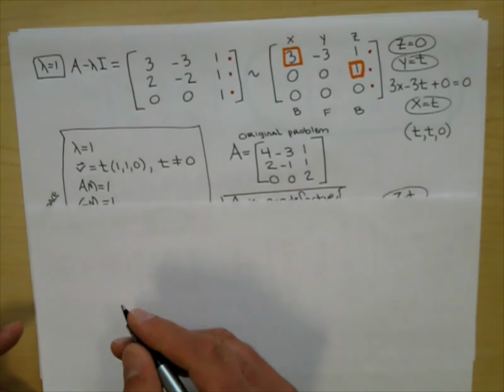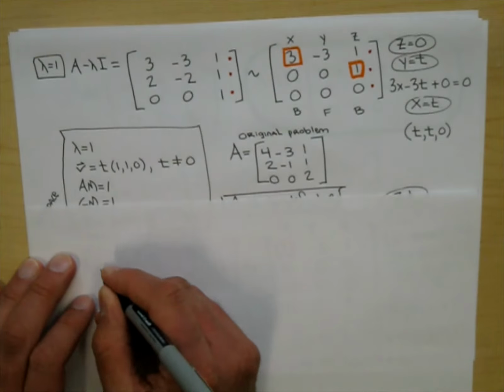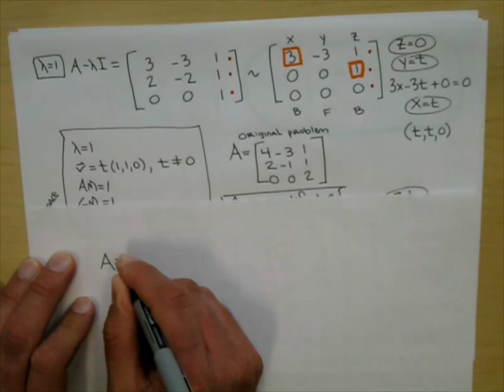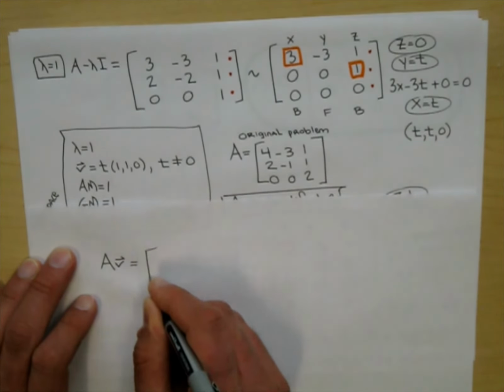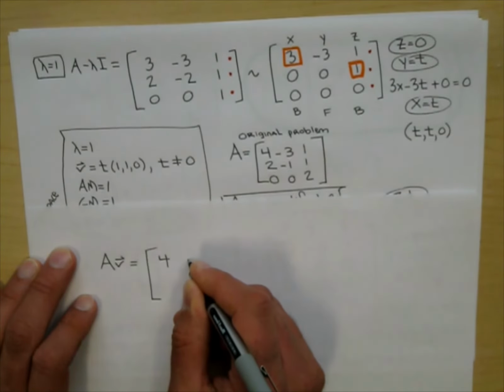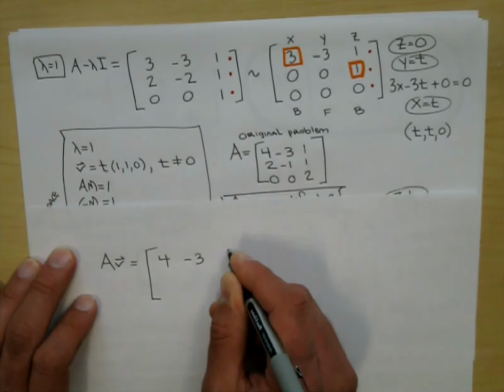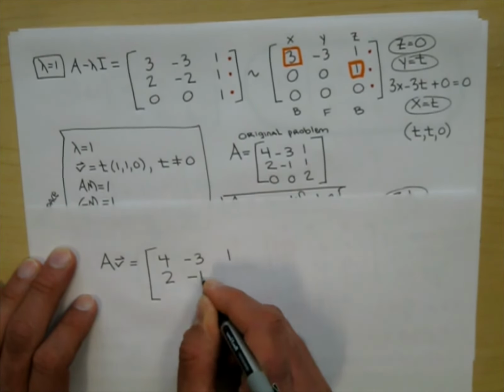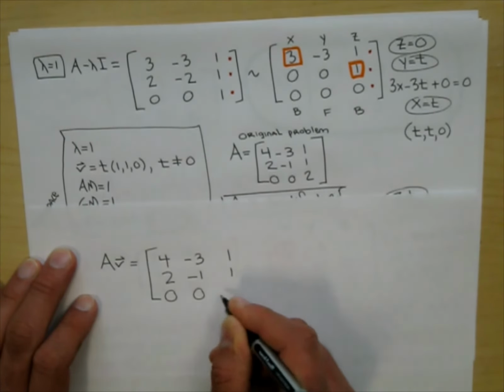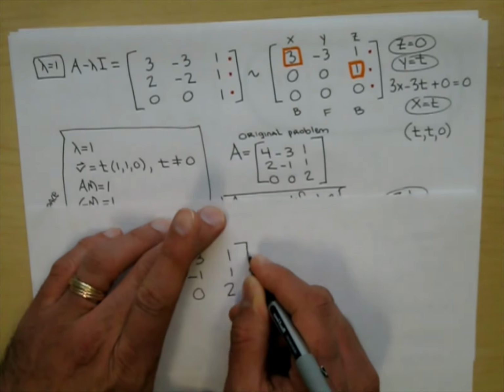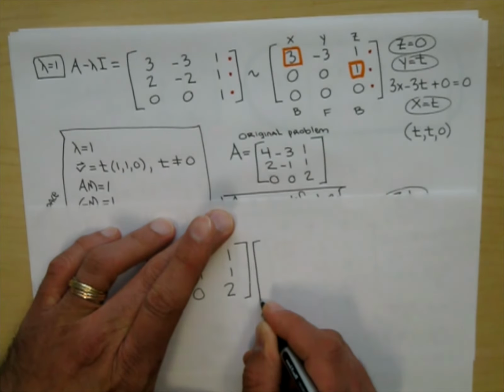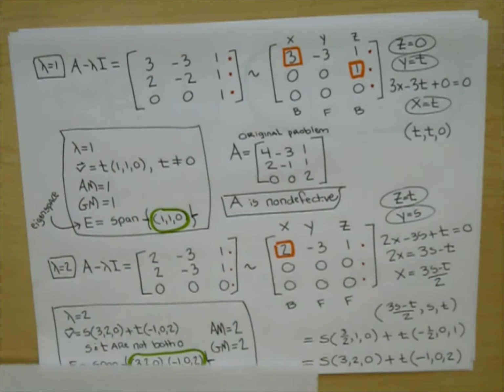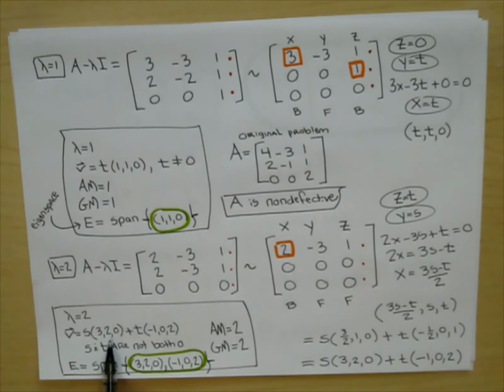So I'm going to go A times V, where A is 4, negative 3, 1, 2, negative 1, 1, 0, 0, 2. I just did a linear combination of these where S is 1 and T is 1, and I got 2, 2, 2.